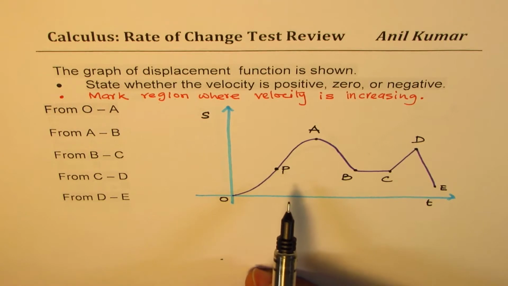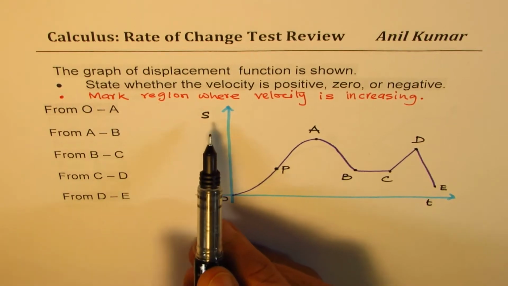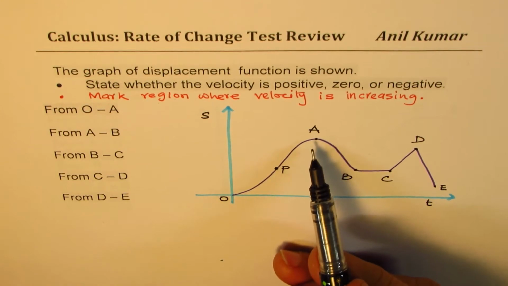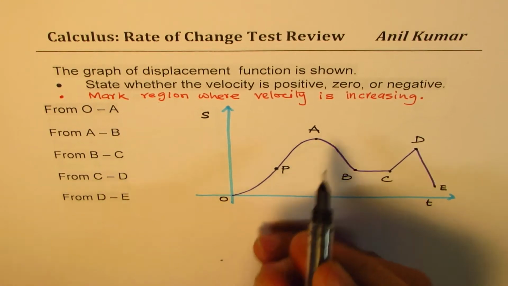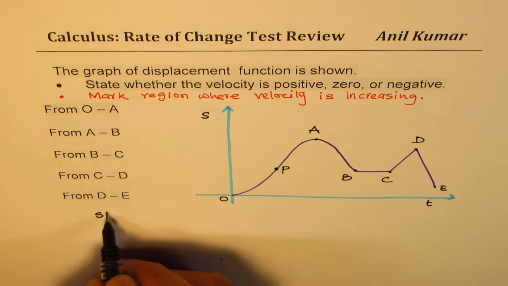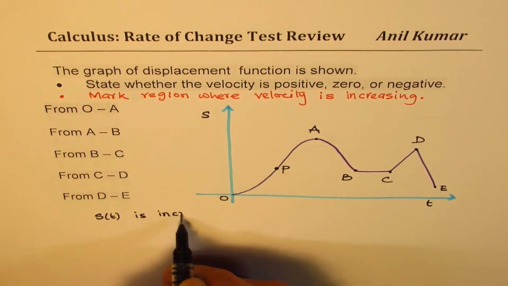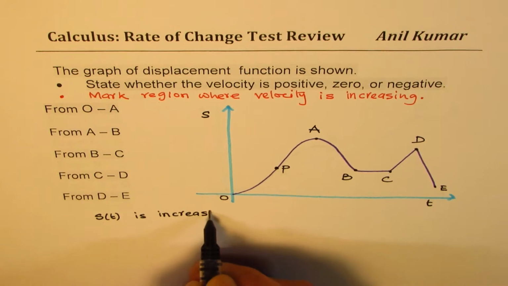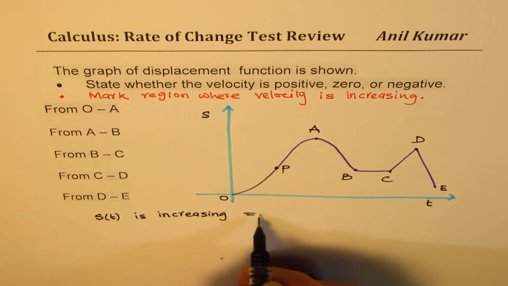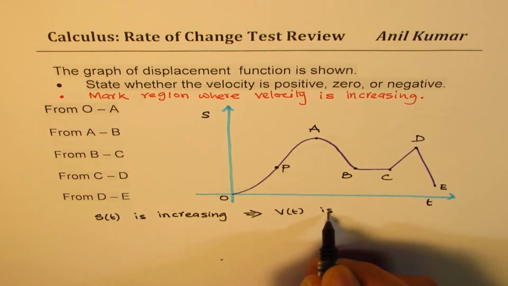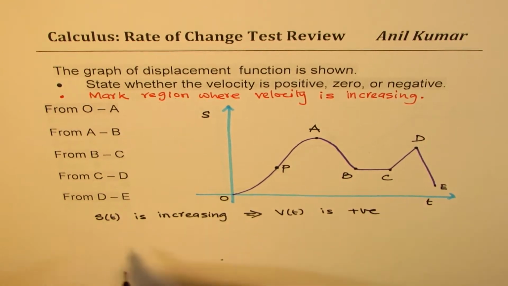Now the basic concept here is that if the distance or displacement is increasing, that means velocity is positive, correct? So we could say that if displacement is increasing, that implies that velocity is positive, correct?